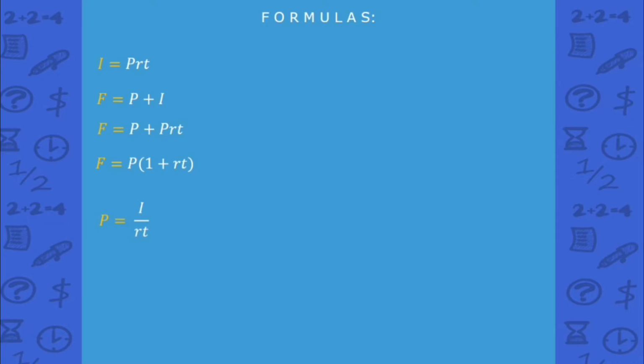In finding the principal amount in case it is missing, you simply divide the interest by R times T. In case the time is missing, you divide the interest by the principal amount times the rate of increase. In case the time given has months in it, let's say 3 years and 7 months, you simply divide the number of months by 12.